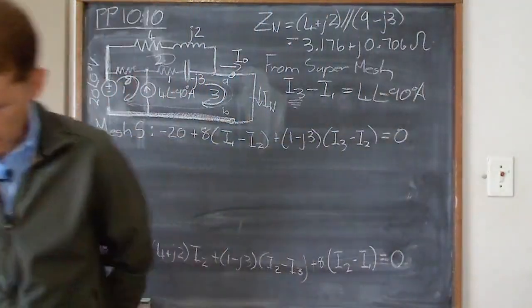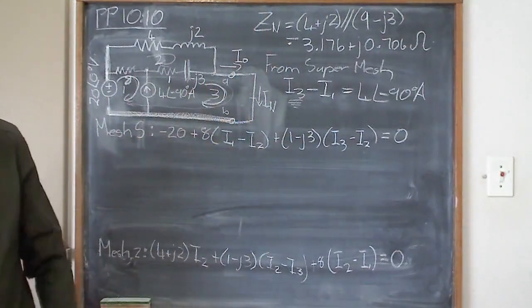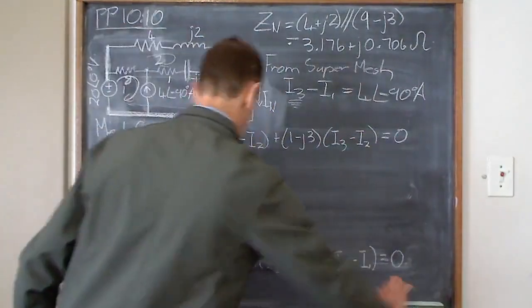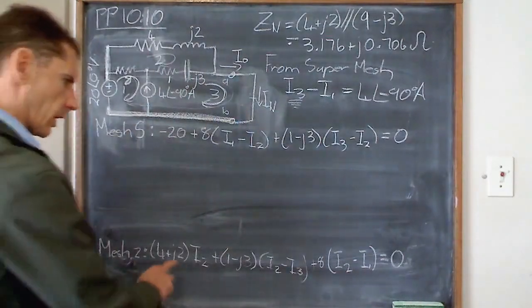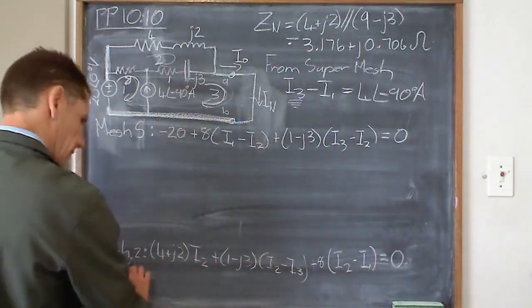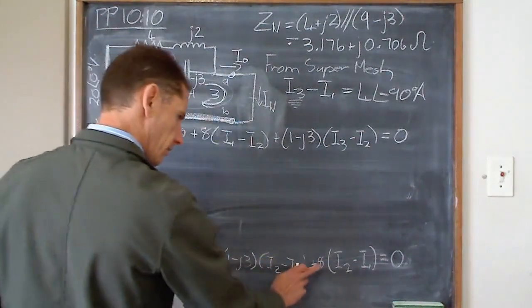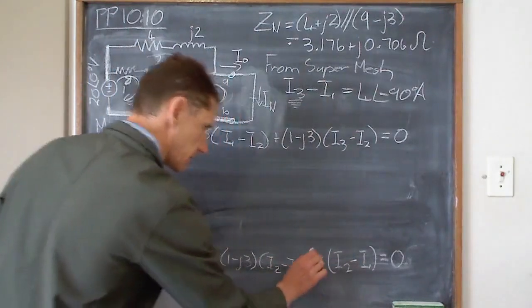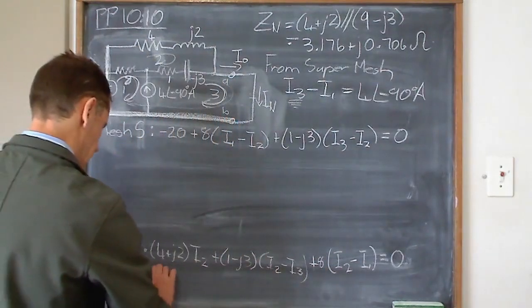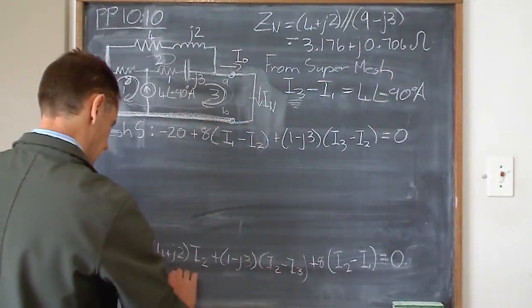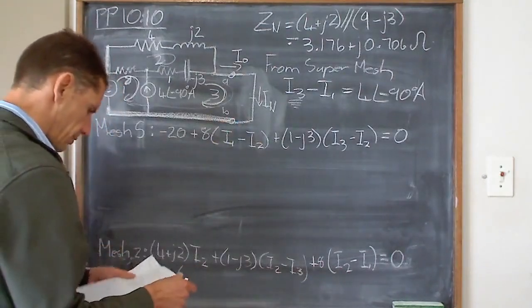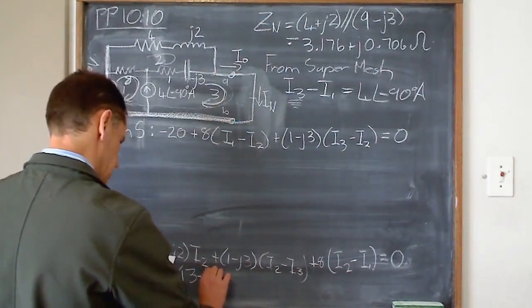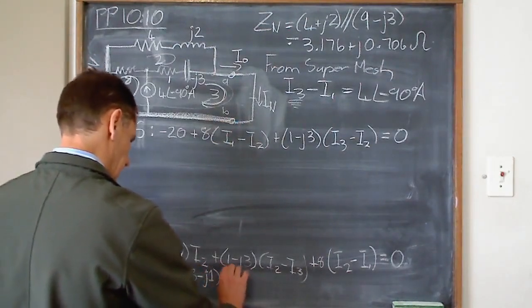So now I'm going to get all my I1s and I2s and I3s together. Put that there. So all the I1s, only that one. But it's a minus and a minus, that's a plus, silly. So it becomes minus 8 I1 plus, how many I2s? You're going to get 13 minus j1 I2.